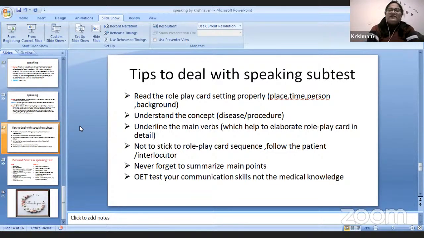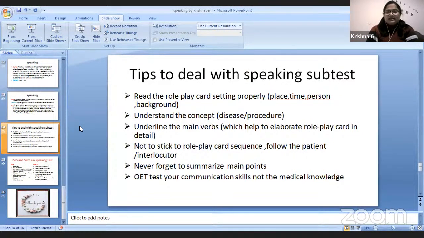Tips to deal with the speaking subtest: read the role play card setting properly, because from the setting itself you will understand where the role play is happening, like whether it is the emergency department, a suburban clinic, a GP clinic, or a home setting.